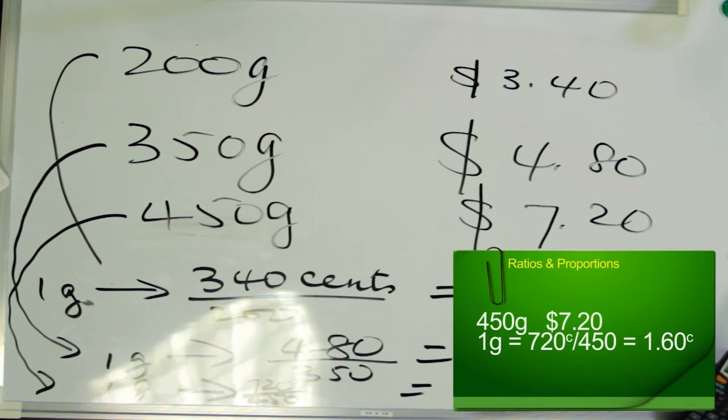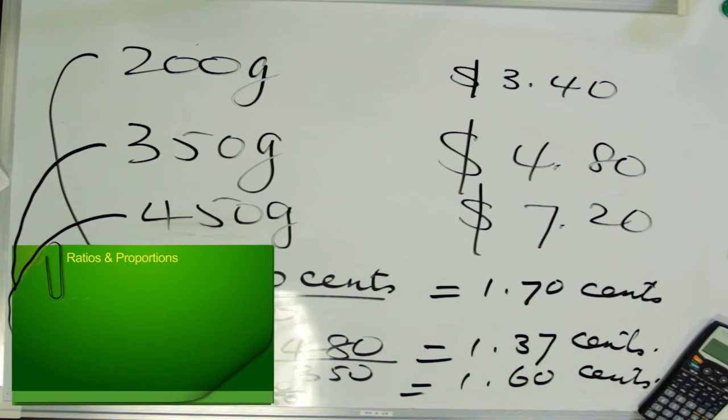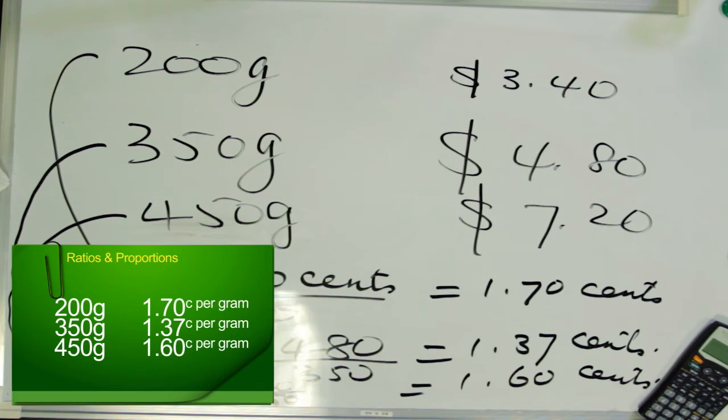When you look at the cost for each gram, you recognize immediately that for the 200 gram tin, you paid 1.7 cents. For the 350 gram tin, you paid 1.37, or 1.4 if you want to round it off to two significant figures.